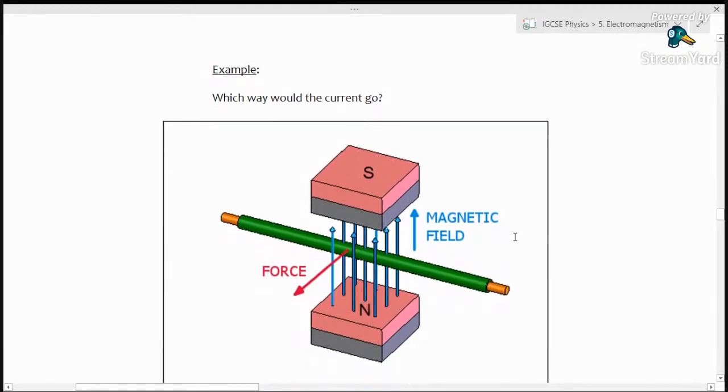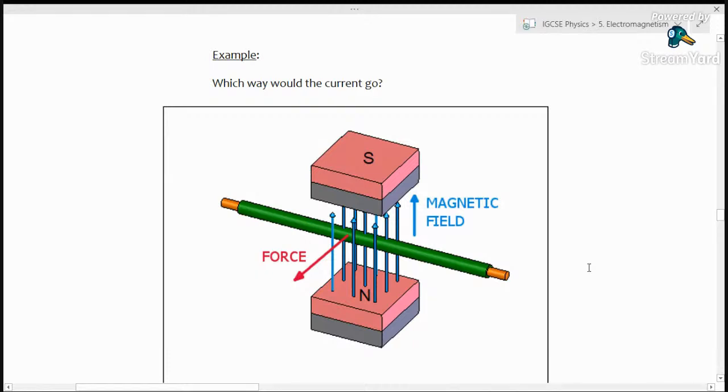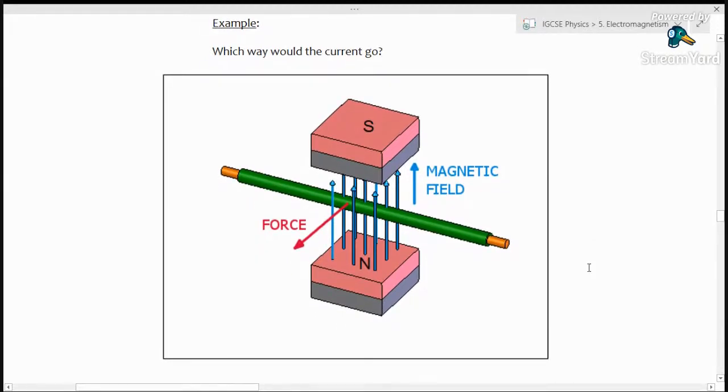Okay, so here we go. We have this piece of wire, and we're moving it, so we can see that the force on this wire is this way. So we're pulling it this way through these field lines. So how do we know which way the current is going to go? Well, in this case, we would have to use our right-hand rule.